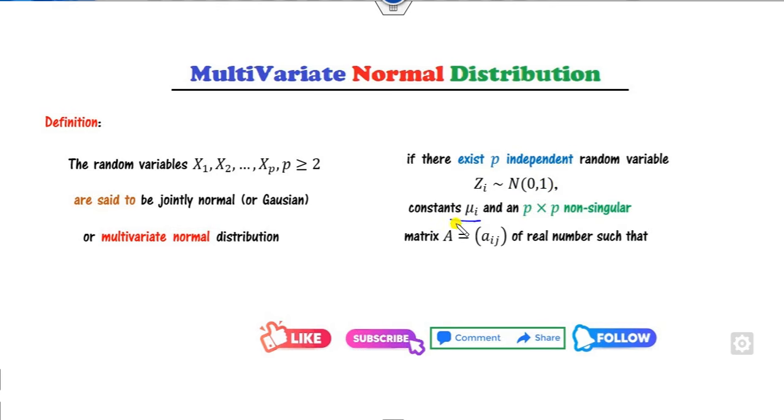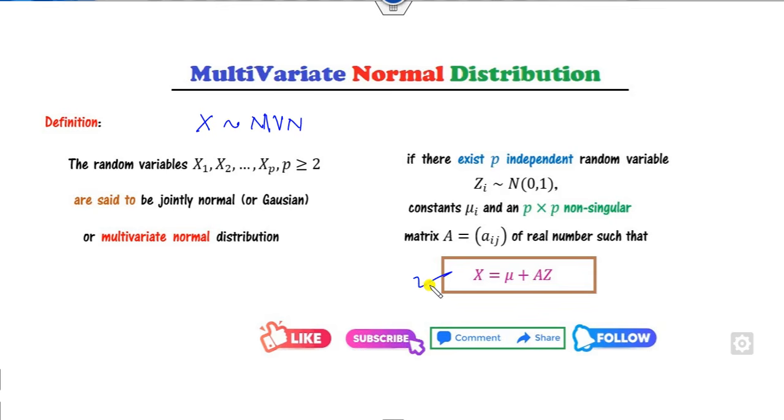And another constant vector mu. Most importantly, a p cross p square matrix A which is non-singular. What is the meaning of non-singular? Its determinant is non-zero. Then we can write x as a linear combination of mu and Z. So any variable x follows the multivariate normal distribution if x satisfies this property. Fine. This is the definition of the multivariate normal distribution.